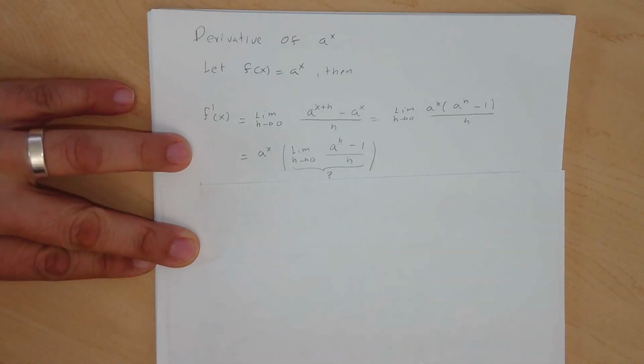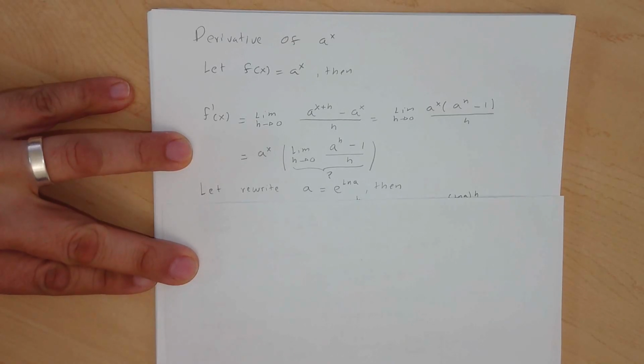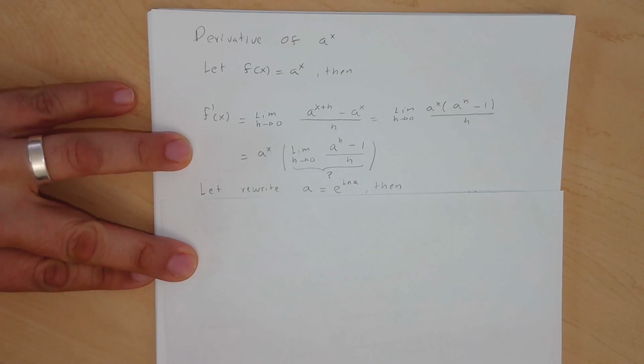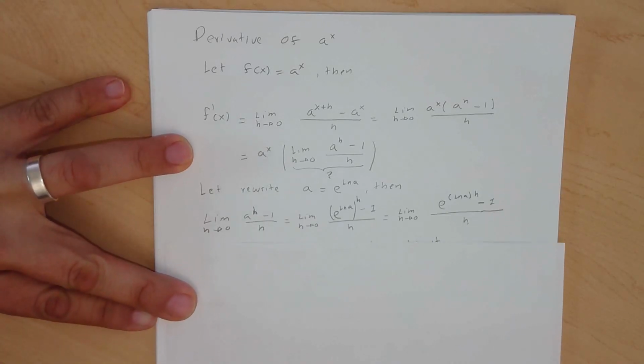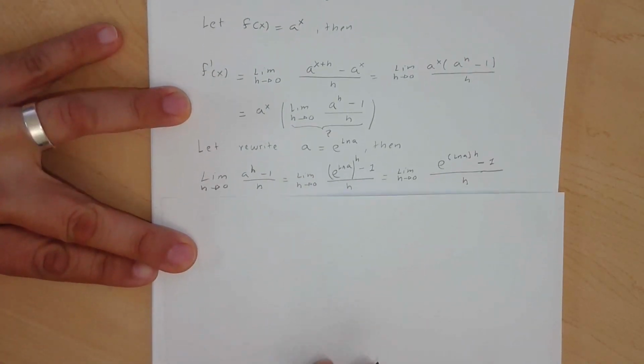So for that, we have to use a mathematical trick. It is this: if we rewrite a as e elevated to logarithm of a, then we can have this part like that, right?